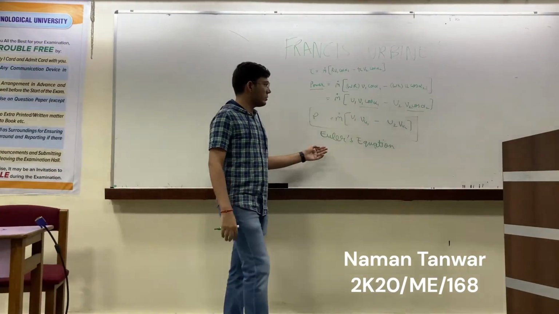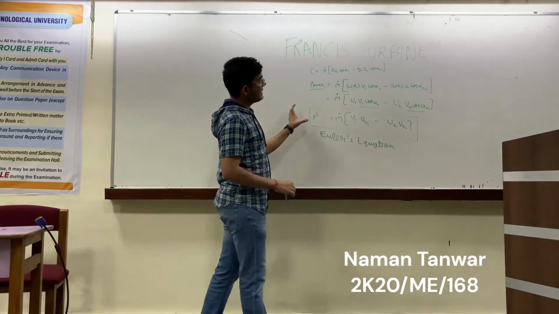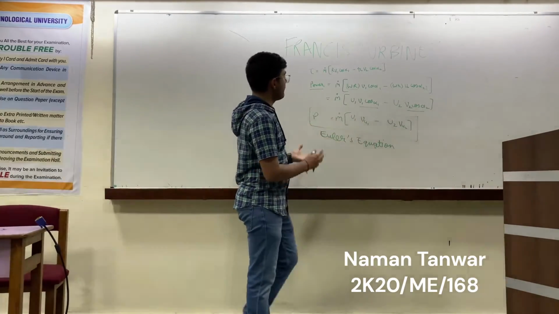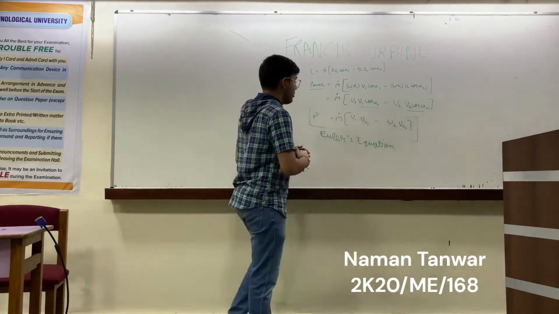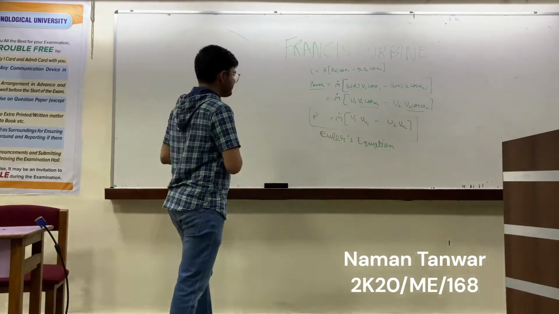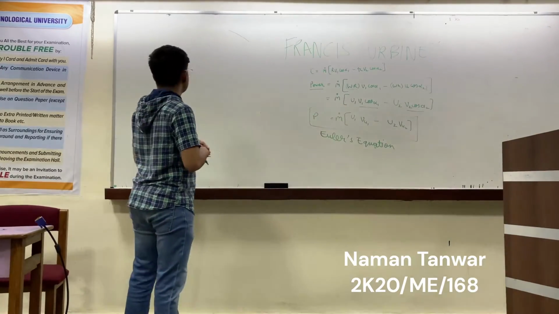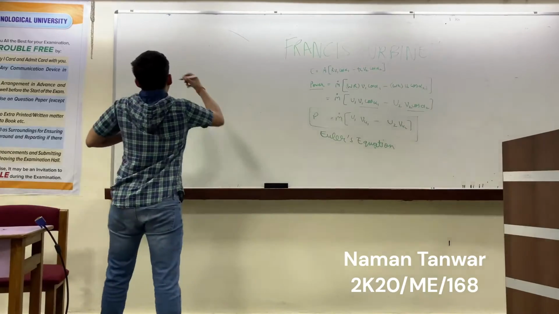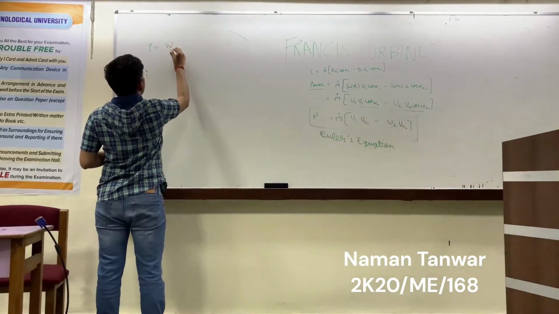Now we have found the expression for power generated by the turbine, and this equation is also Euler's equation, which is a very well known equation for fluid machines. We will try to rewrite this expression in another form now. What is power? Power is nothing but work done upon time.